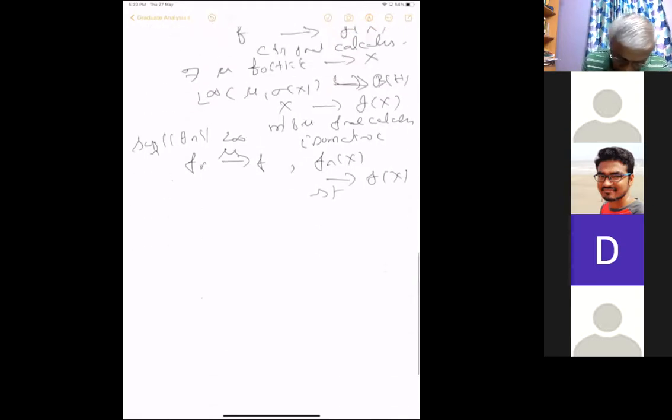What is nice about the strong topology is that whenever we have a sequence of projections converging, the projections usually won't converge in norm. If these projections are increasing to something, I minus P_n is also a projection, so it has norm 1 and can never go to 0.